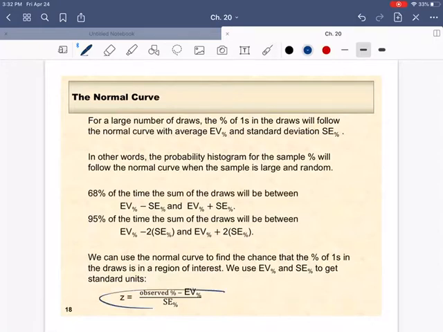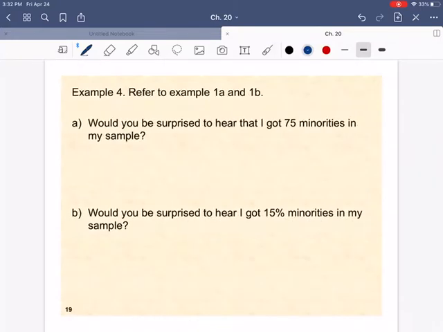Okay, this is just saying we can do the standard normal z-score with percents, just like with everything else, and the 68, 95, 99.7% rule still applies. So, still dealing with this data, 20% minority, give or take 2%, or 80, give or take 8.